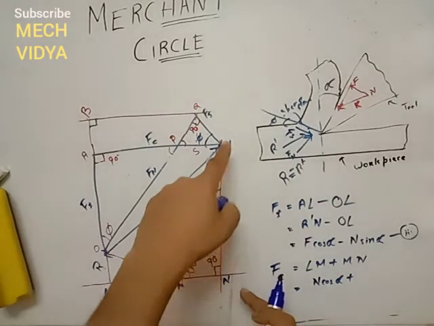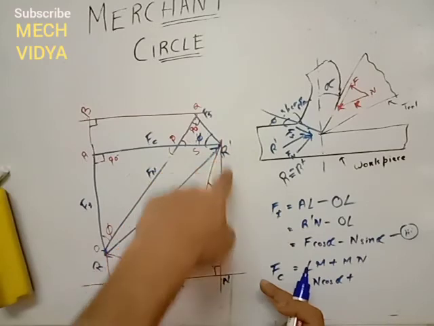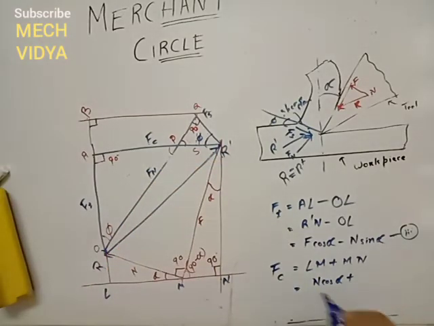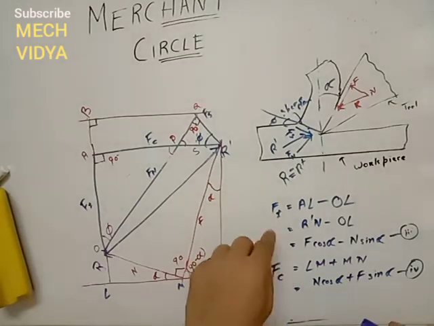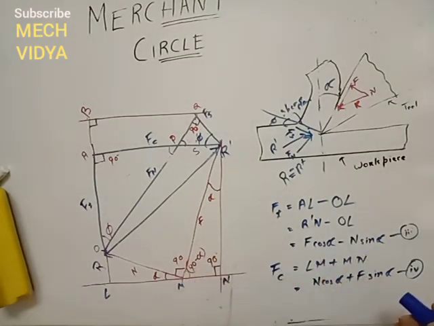MN we can find out from this triangle MR'N. From here we can write MN as F, the hypotenuse, sine alpha. So this is how we have got Ft and Fc in terms of F and N.